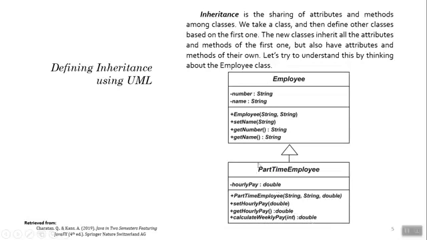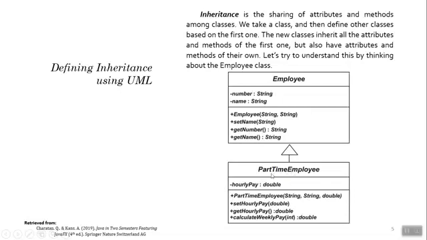So what's next? As you can see here, we have inheritance, meaning that even if we don't write it in our part-time employee, the number and name, together with the methods or behavior, would also be present here in our part-time employee. We just reuse the code in our employee class in our part-time employee.